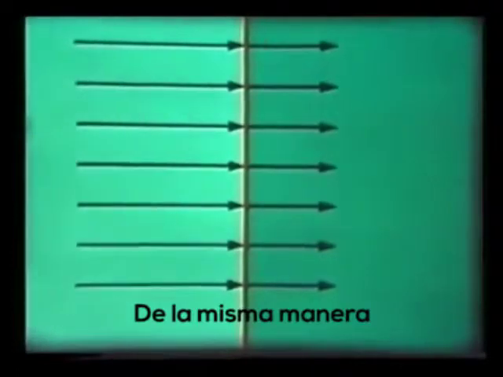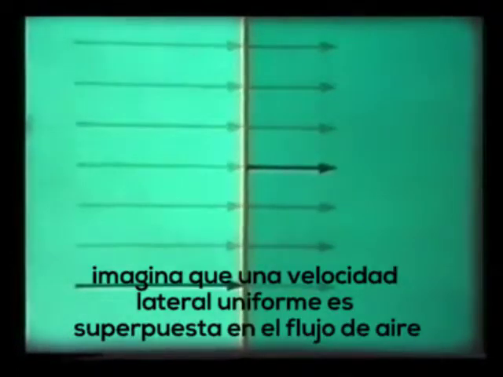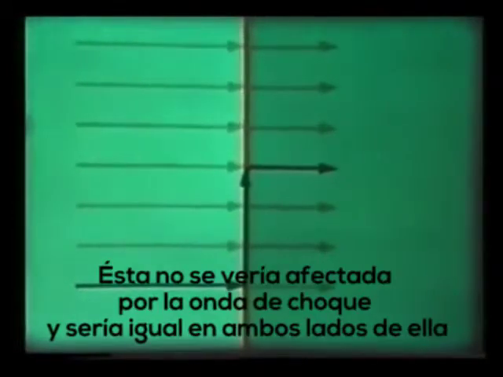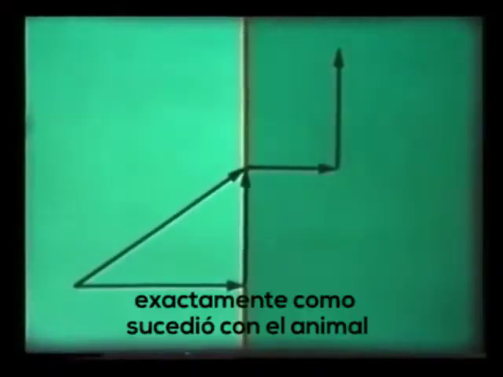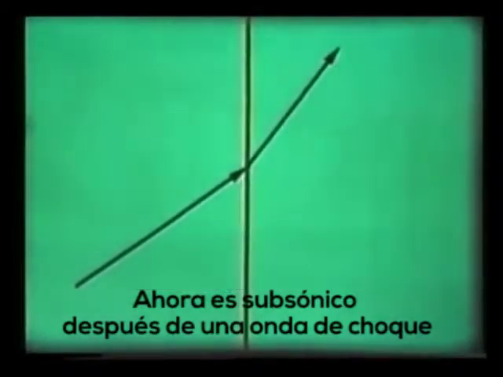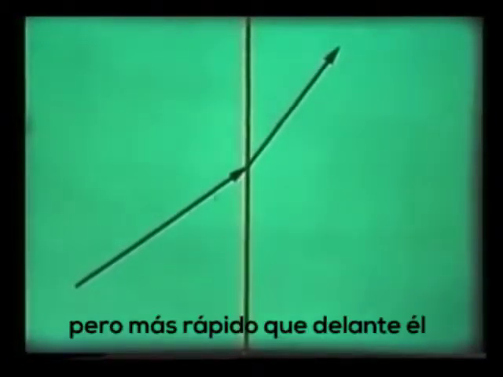In just the same way, imagine a uniform sideways velocity superimposed on the airflow. This will not be affected by the shock wave and will be the same on both sides of it. The resultant airflow is now like this, exactly as it was for the animal. It's now supersonic past the shock wave, but slower than ahead of it.